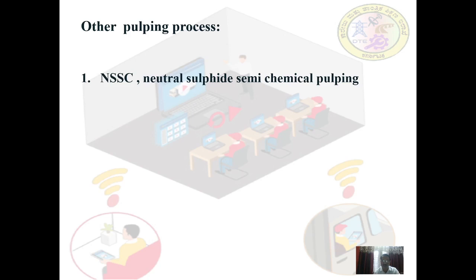Batch and continuous digesters can be used for the production of the pulp by this method. The idea is to make a mild cooking, weakening the binding material between the fibers, which are then separated by mechanical means. Sodium sulfite with sodium carbonate is usually used as the cooking liquor in the neutral sulfite semi-chemical process.